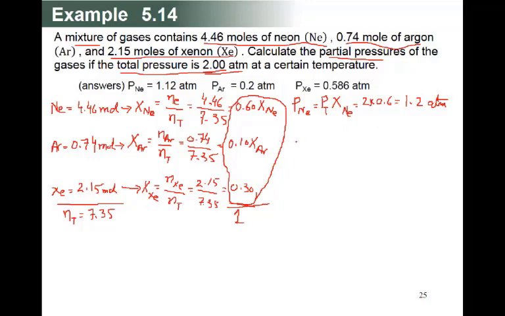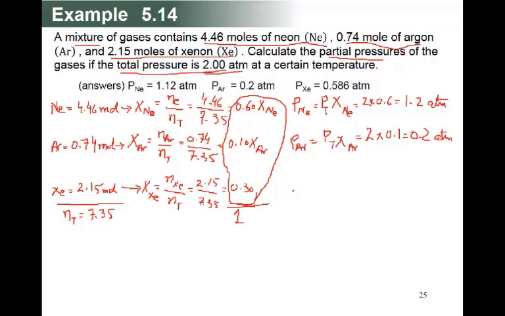Similarly, the partial pressure of argon is equal to total pressure multiplied by mole fraction of argon, 2 multiplied by 0.1, equal to 0.2 atmosphere.